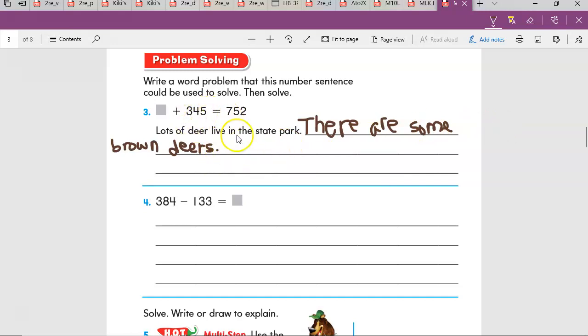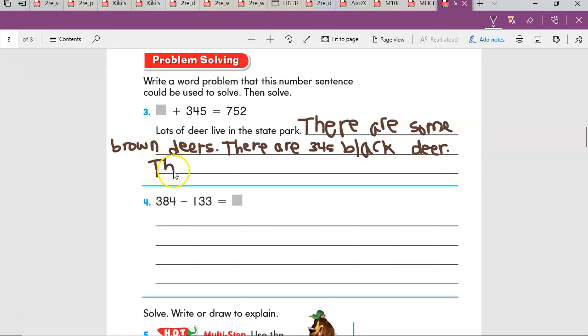There are 345 black deer. There are 752 total deer.